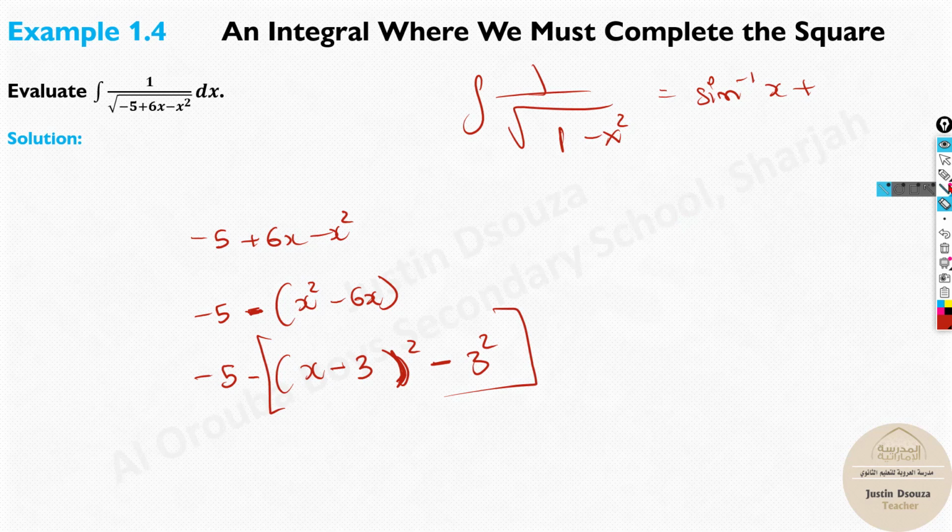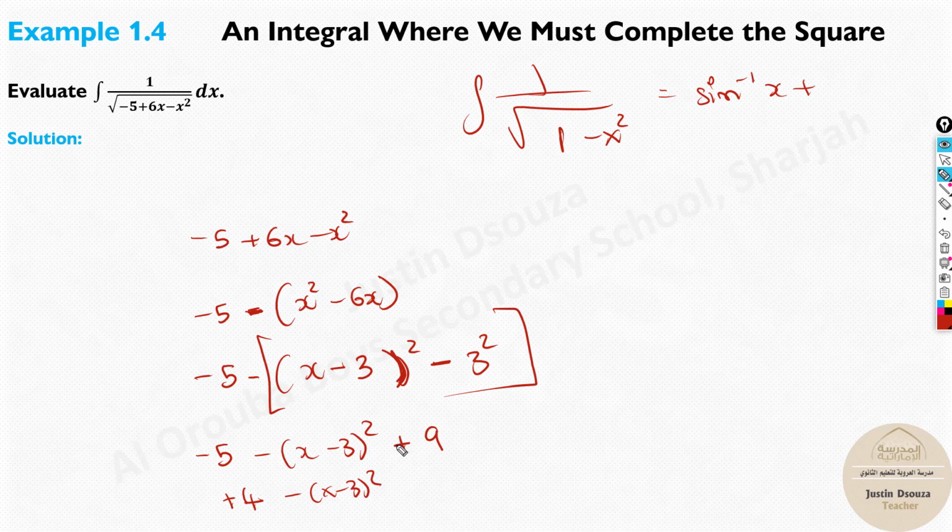So now we did the same thing here, and now let's simplify this up. Minus 5, this minus sign, into x minus 3 the whole square, and this minus and minus, this becomes plus. 3 square is 9. Now let's simplify it further. Plus 9 minus 5 will be plus 4 minus x minus 3 the whole square.